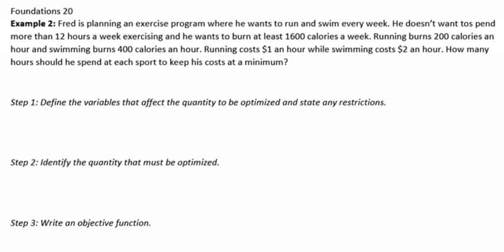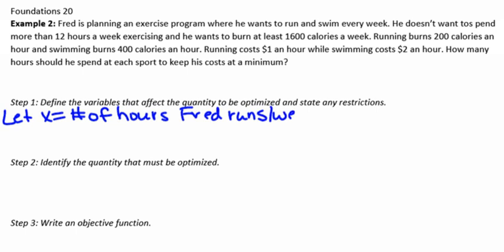So step 1, define the variables that affect the quantity to be optimized and state our restrictions. So let x be, let y be. Let x equal the number of hours Fred runs per week. And let y equal the number of hours Fred swims a week.